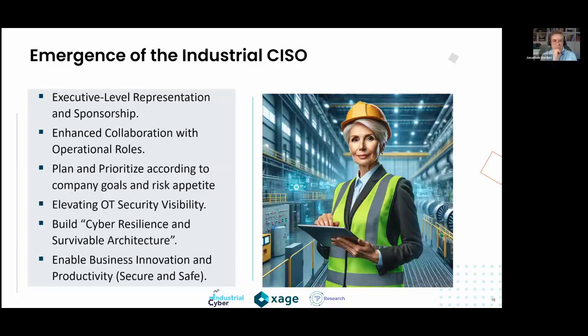And this is another good segue to what we see as an emerging role in the industrial space, what we call the industrial CISO, Chief Information Security Officer. Our research and inquiries point towards this emerging role. Again, the title itself is not critical. We've seen a lot of different people doing this role with different titles, but the role itself is evolving into an executive-level owner.